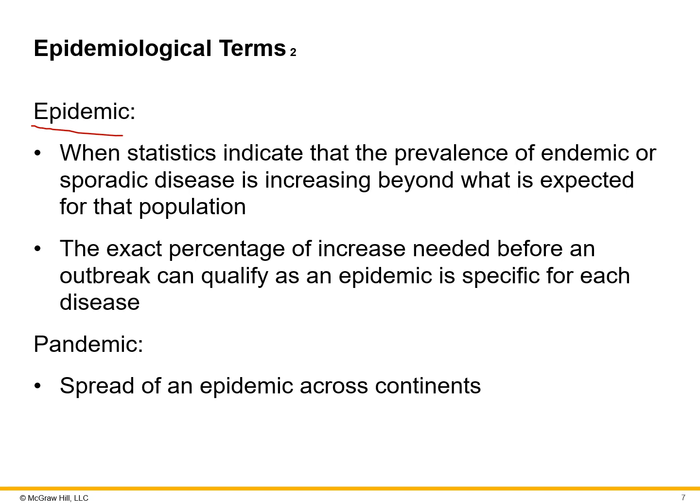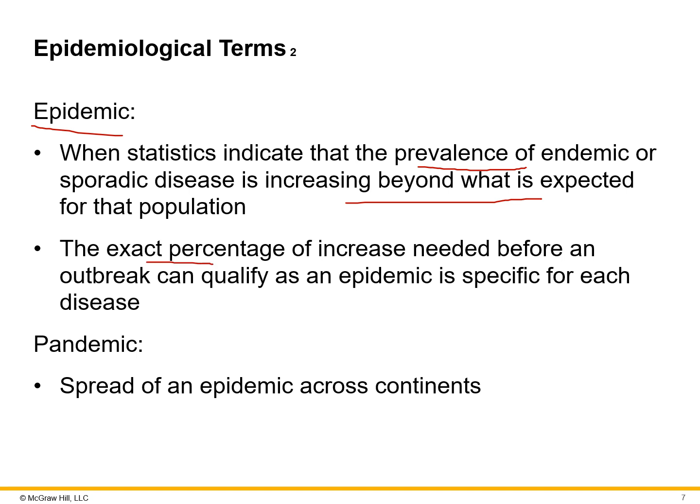Then epidemic is where statistics indicate prevalence of either endemic or epidemic increasing beyond what's expected. So again, we had the epidemic of COVID. COVID had been in existence, but huge numbers started to be seen, so that became an epidemic. So it's above what's expected.